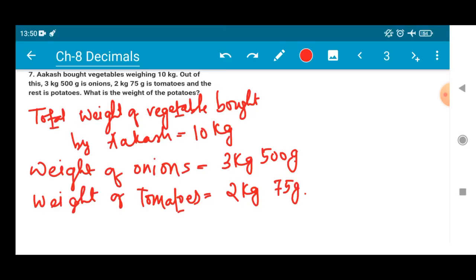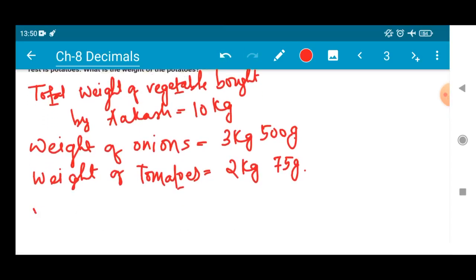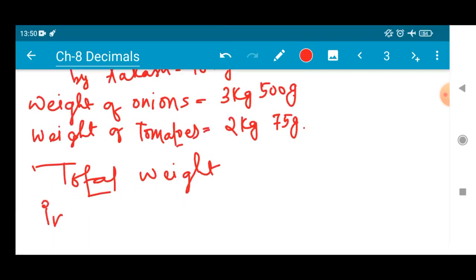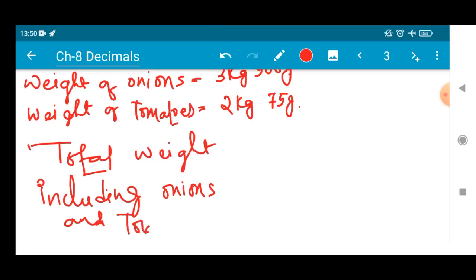Now whatever is remaining out of this will be the weight of potatoes. So what we have to do is, the total weight including onion and tomatoes, we have to add it.